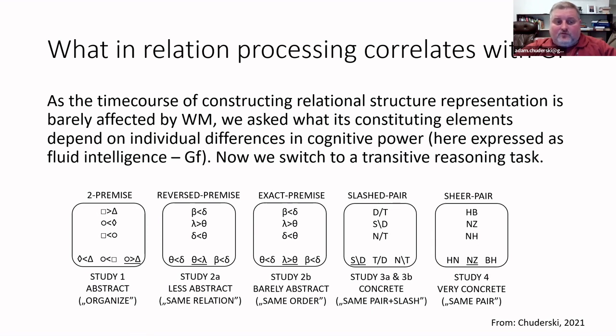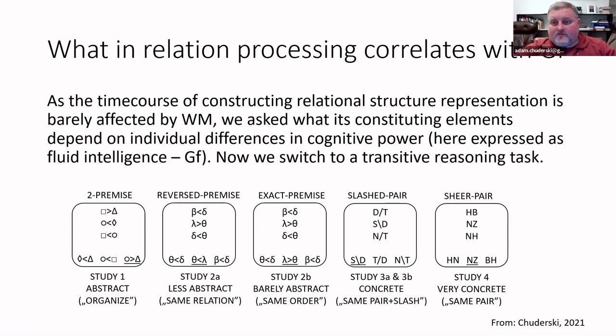So to know that the circle is larger than the triangle, you only have to notice that the circle is larger than the square and the triangle is smaller than the square. So you can ignore the middle premise. It's still correlated with cognitive ability, so we simplified the task even more.